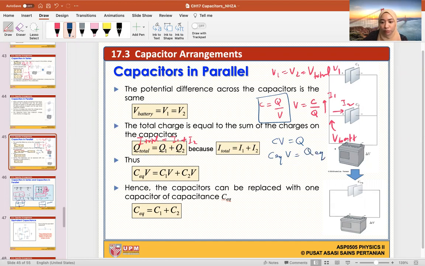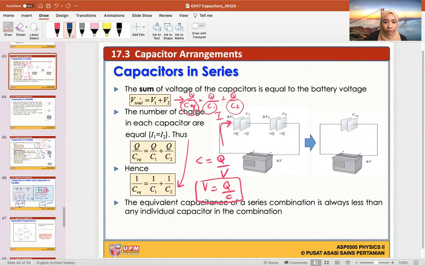C1V is Q1, C2V is Q2, and then just plug it in. They based it off what is not the same. In a parallel circuit, your Q is not the same. For your series circuit, your V is not the same. So this is how they derive the equation.